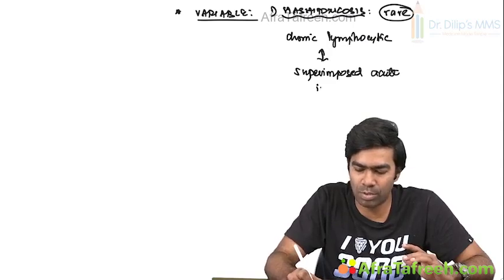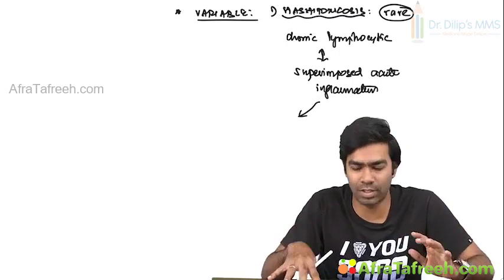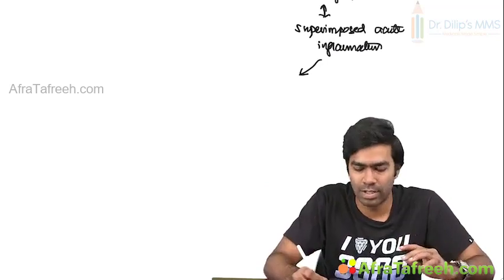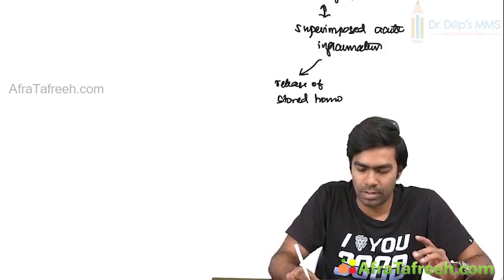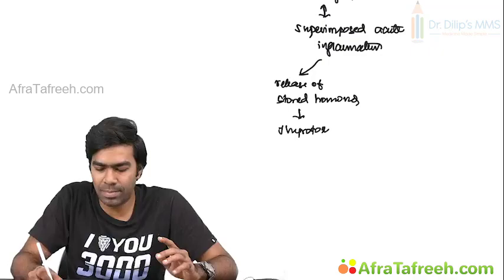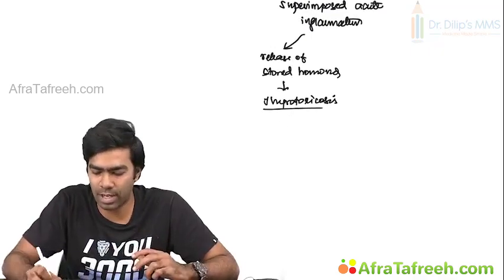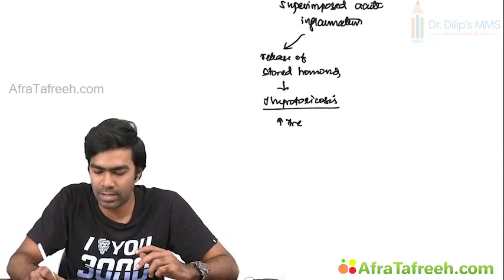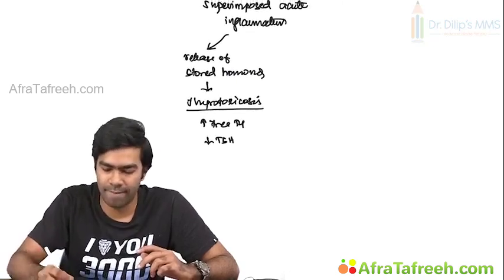If there is a superimposed acute inflammation, because of sudden destruction of the gland and the thyroid follicles, there might be release of stored hormones, which may result in thyrotoxicosis. This is the mechanism of many subacute thyroiditis causing thyrotoxicosis as well. So you will have increased free thyroid hormones with a suppressed TSH.